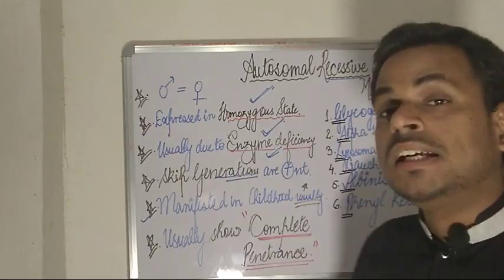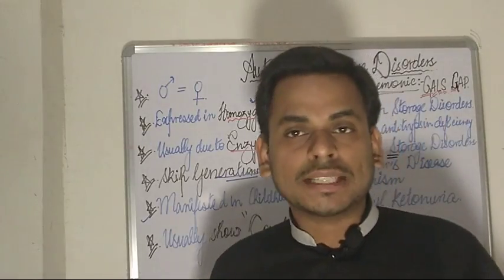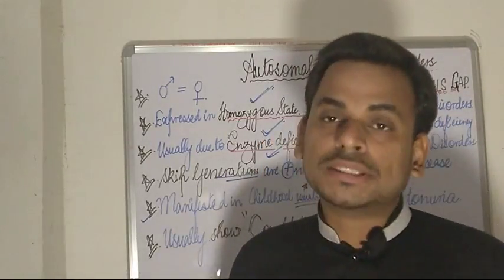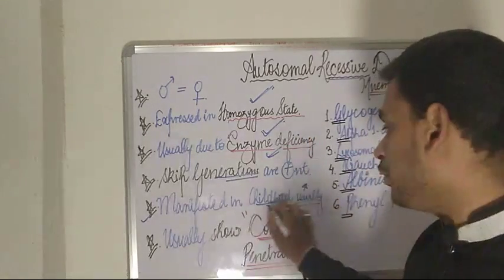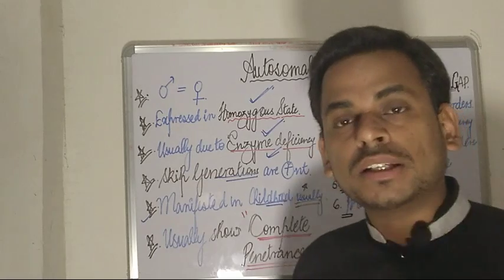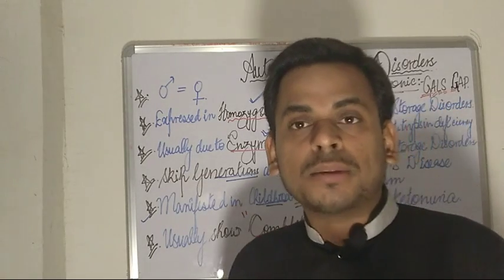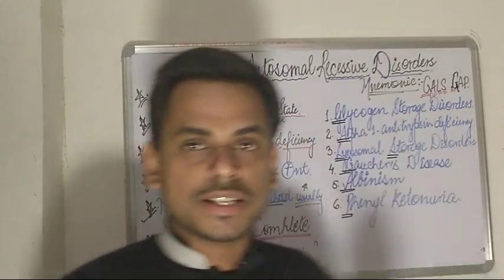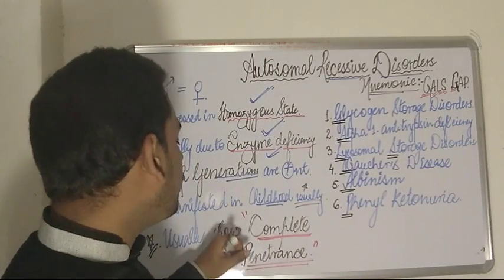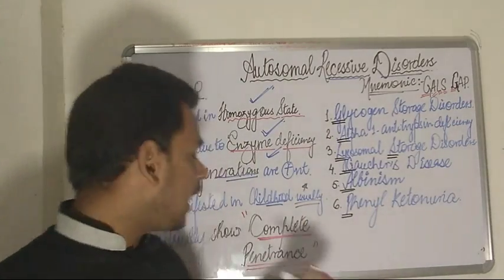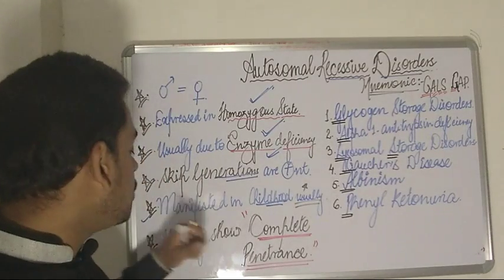Finally, moving on to the next point, these autosomal recessive disorders are mostly manifested during childhood. Usually the features manifested in autosomal recessive disorders are mostly found in childhood. And last but not the least, the penetrance.